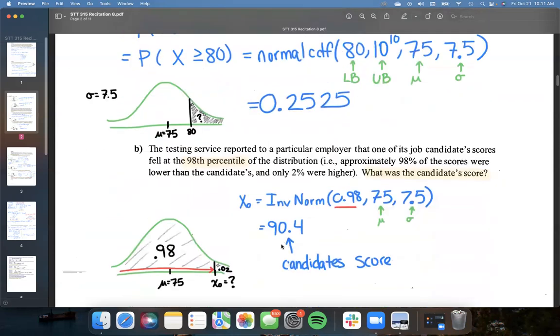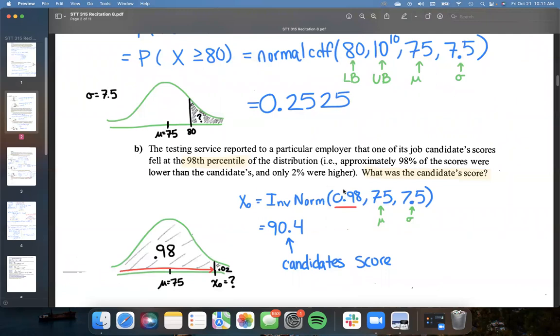So here we're going to be using inverse norm because we're interested in the exact score. We're given the area under the curve. We're given that here on the left-hand side, 98% of the scores are lower than candidate score X0, and then 0.02 is higher than that.